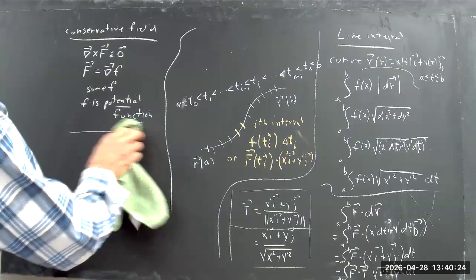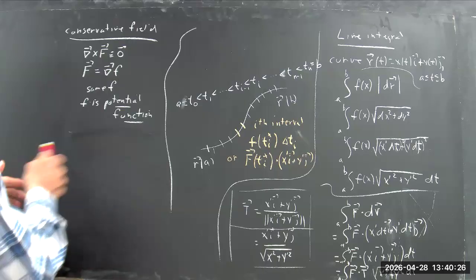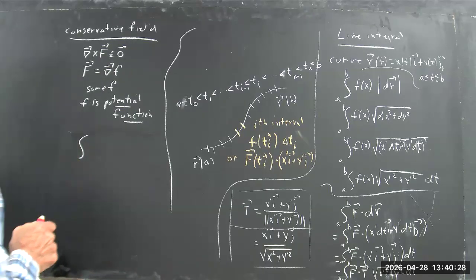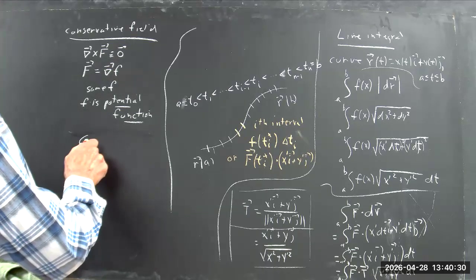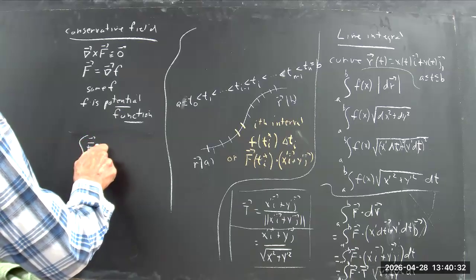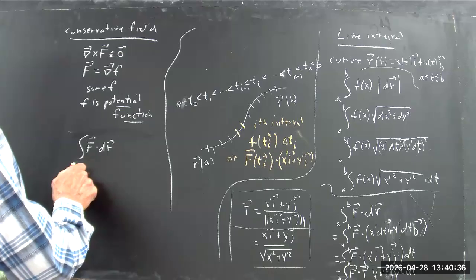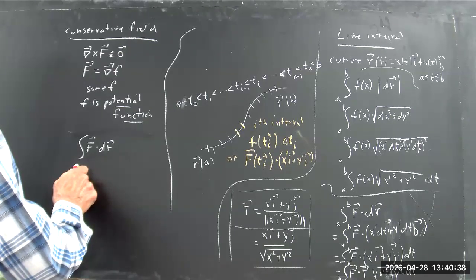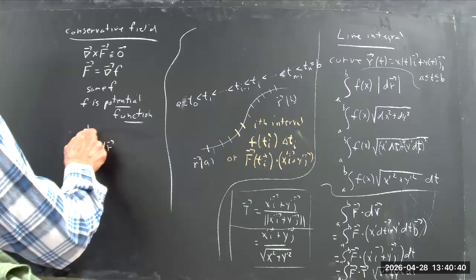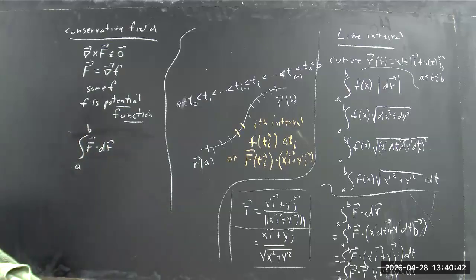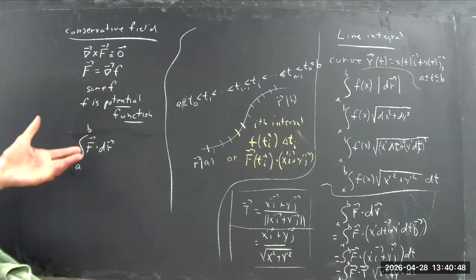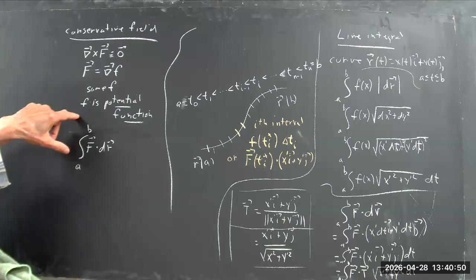The integral of F dot dr from A to B, where r is parameterized in terms of some parameter, goes from A to B.